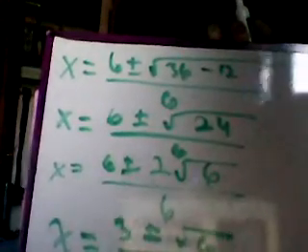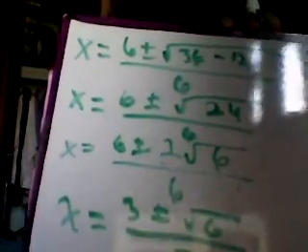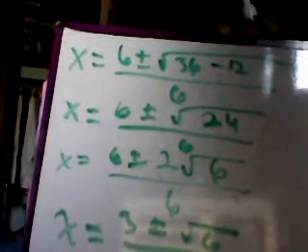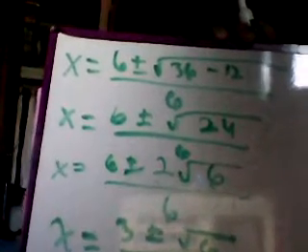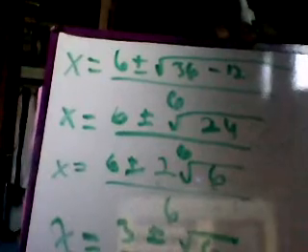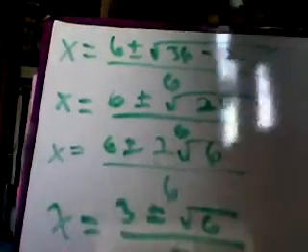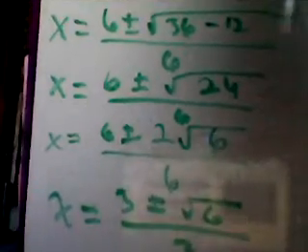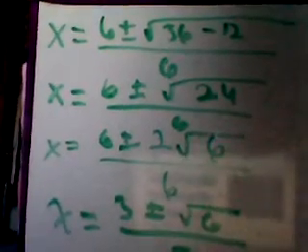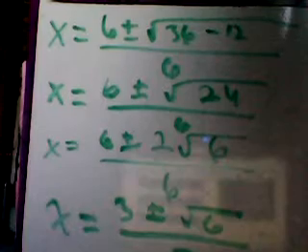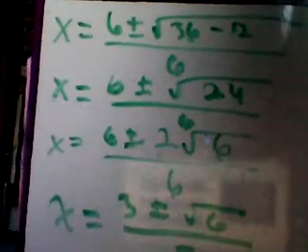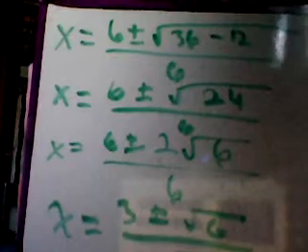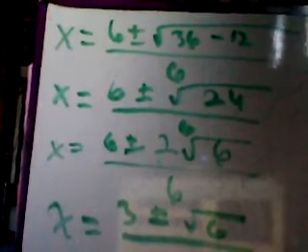On the top part, we'll solve for the inside of the square root, and you'll get 36 minus 12, which is 24, right below, square root of 24. And then you simplify the radical by breaking the 24 into 4 times 6, and take the square root of 4, that's 2, which is why you put that 2 out in front of that square root of 6 there.